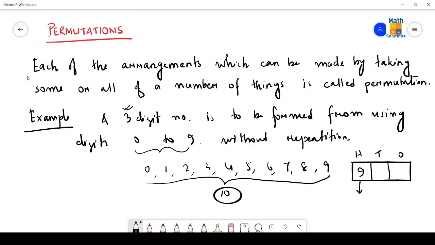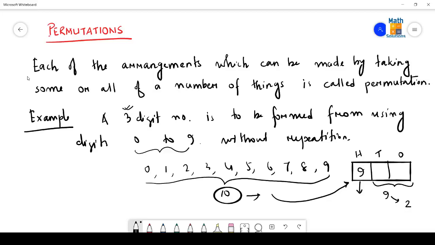For the hundreds place, out of 9 options, if I put any one option here, how many options will be left in our hand? In total there were 10 digits, out of which I have already used one here. So there will be 9 options left. From these 9 remaining options, I shall be choosing 2 digits.